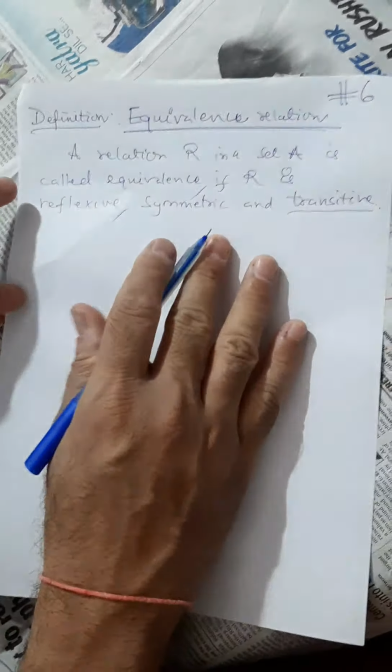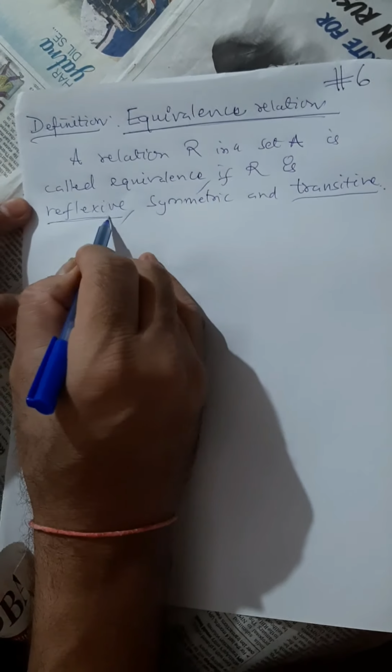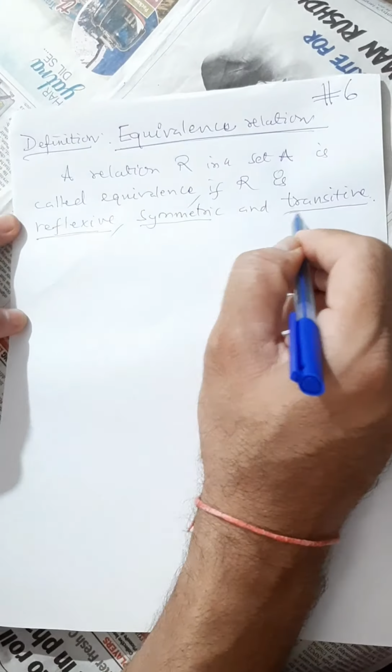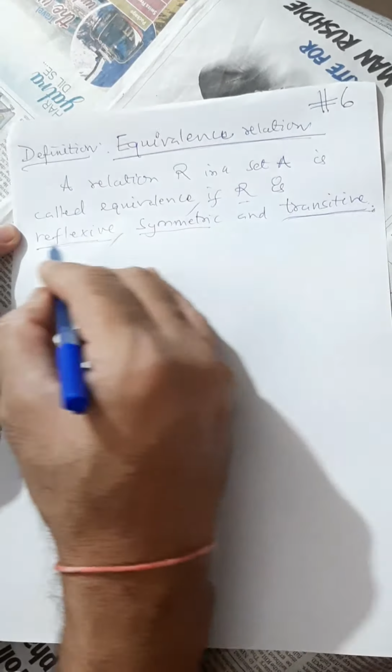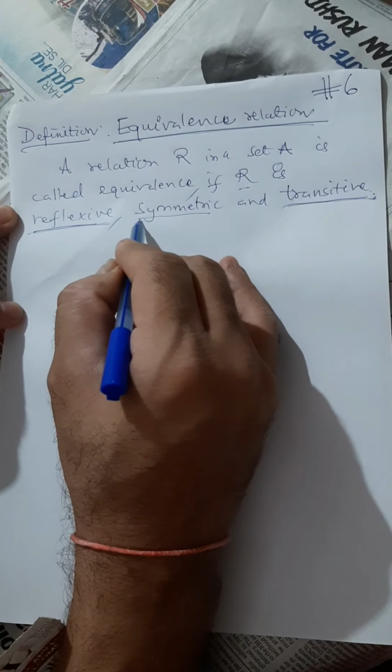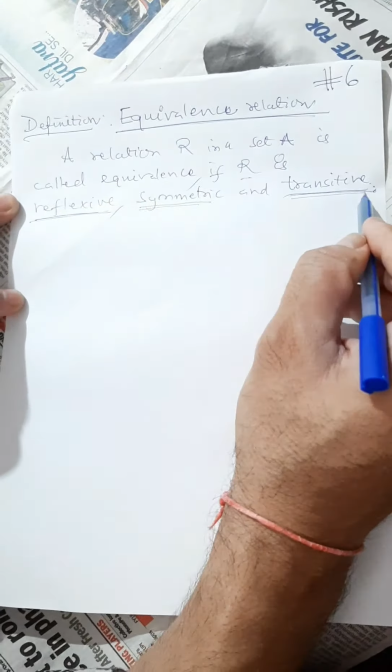If a relation satisfies all the three properties which were discussed, reflexive, symmetric and transitive, then it is known as an equivalence relation.